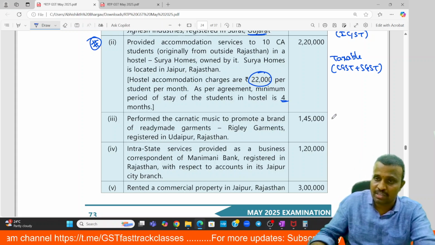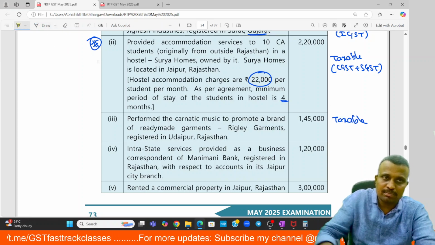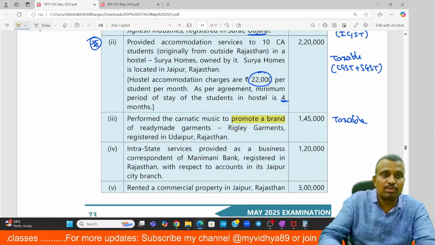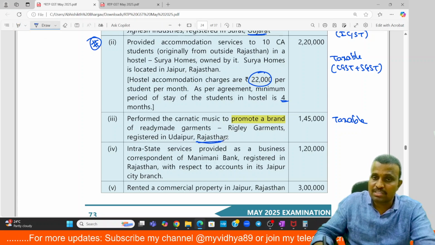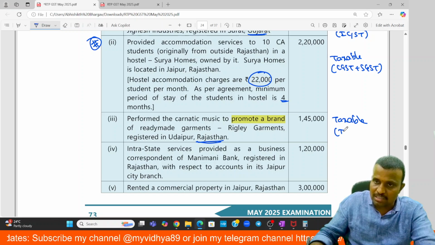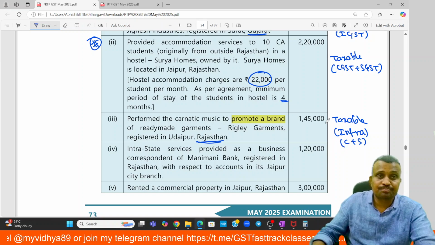This is taxable because the performance is for promoting the brand, and the performance is made in Rajasthan. So this is an intrastate supply. So CGST and SGST are levied.